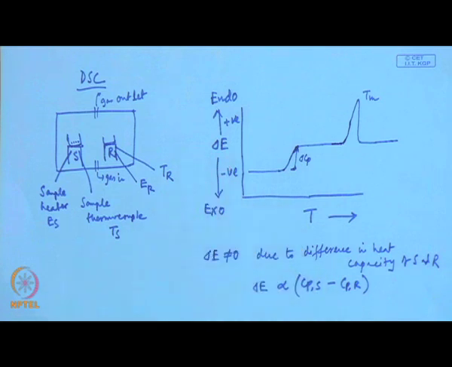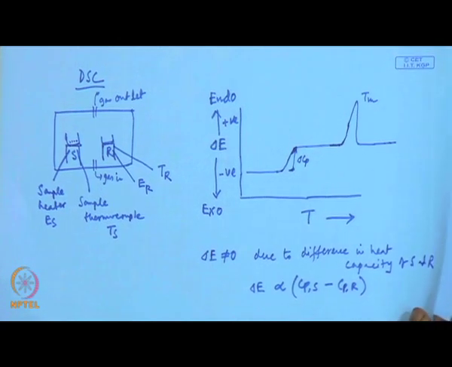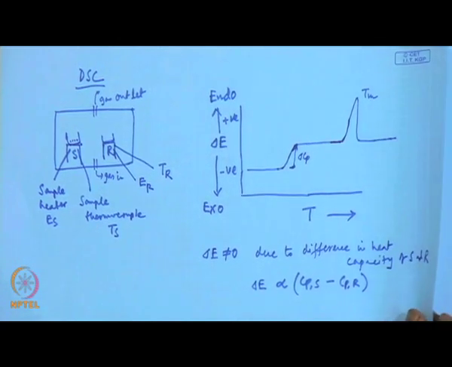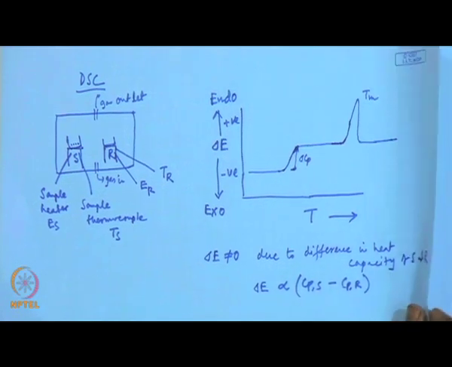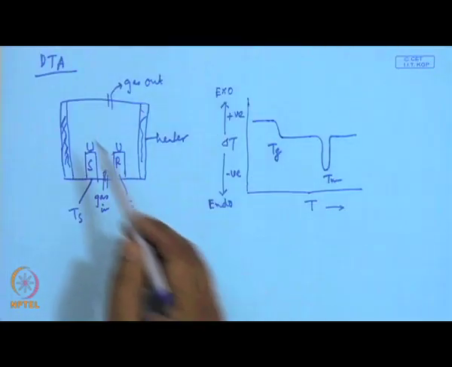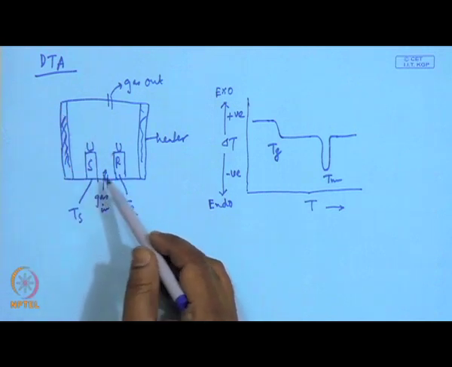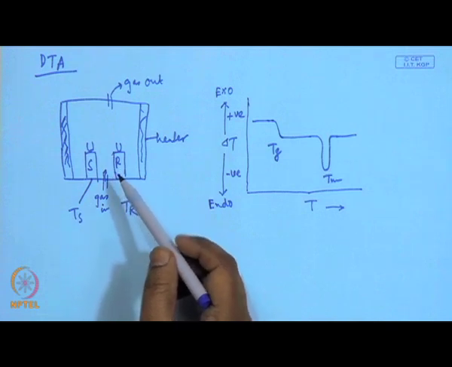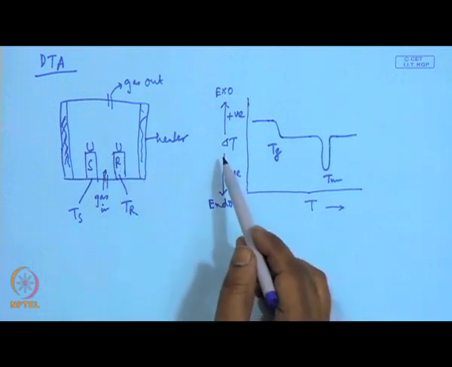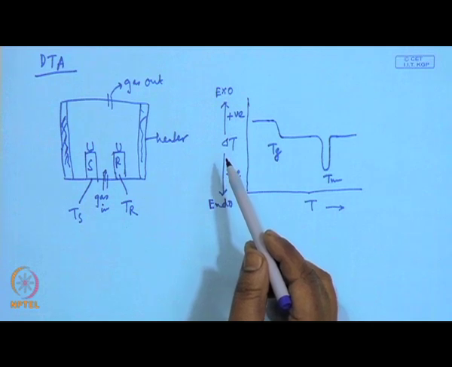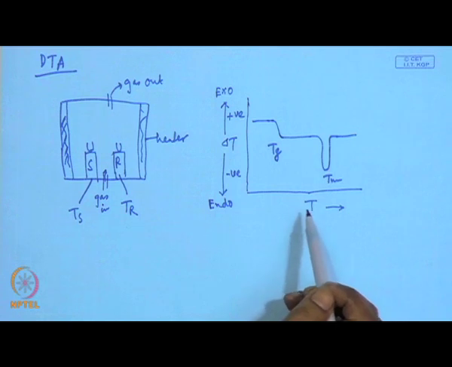So, delta E, the amount of energy required to keep the temperature between the sample and reference the same, is plotted against T. In case of DTA, differential thermal analysis, the same amount of heat is supplied to sample and reference at a constant rate, and the difference in the temperature between the sample and the reference is plotted against the temperature.